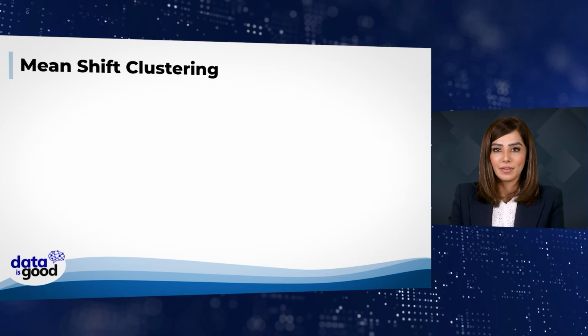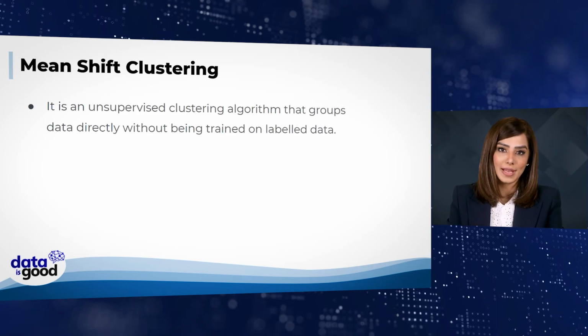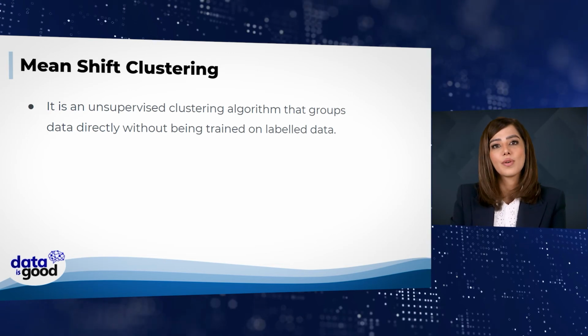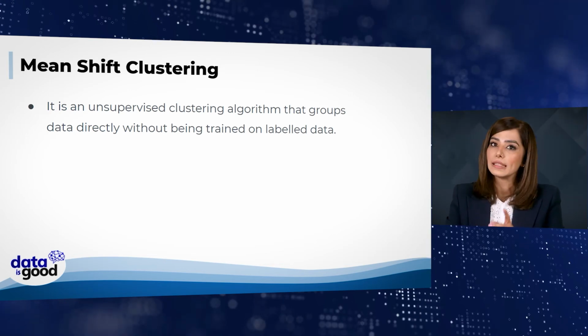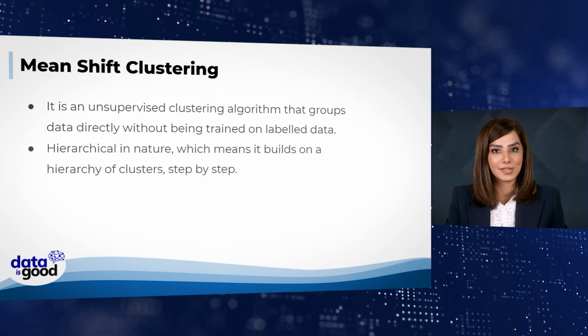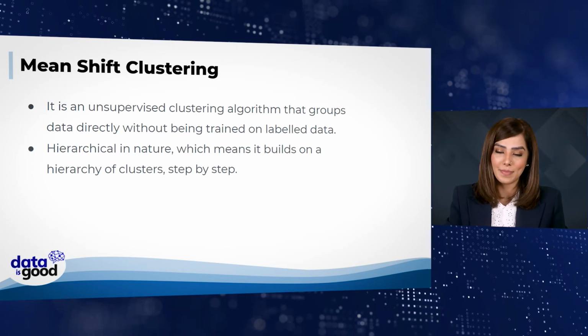Next topic, introduction to mean shift clustering. To begin with, the most important thing is that it is an unsupervised clustering algorithm that groups data directly without being trained on labeled data. The mean shift clustering algorithm is hierarchical in nature, which means it builds a hierarchy of clusters step by step.